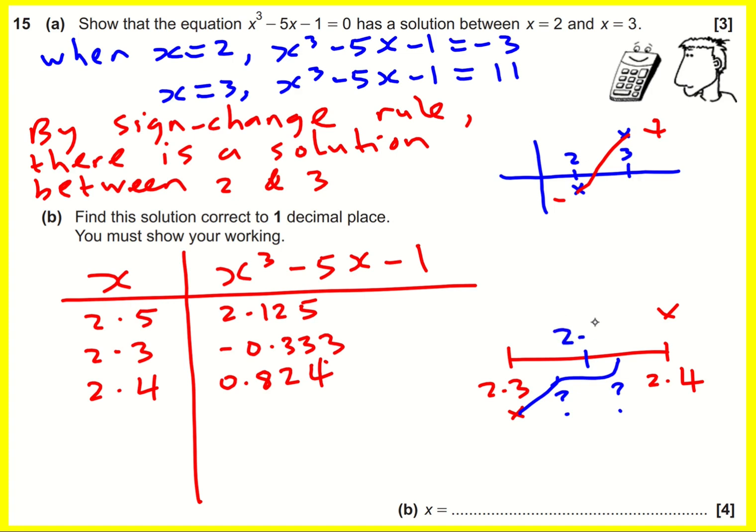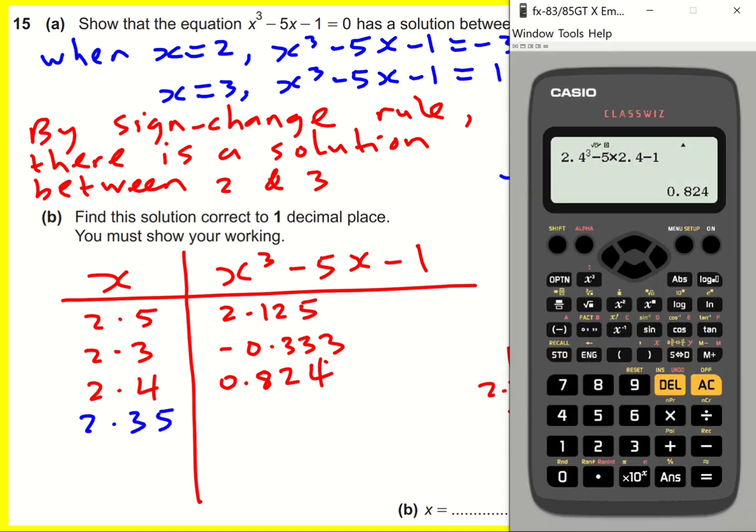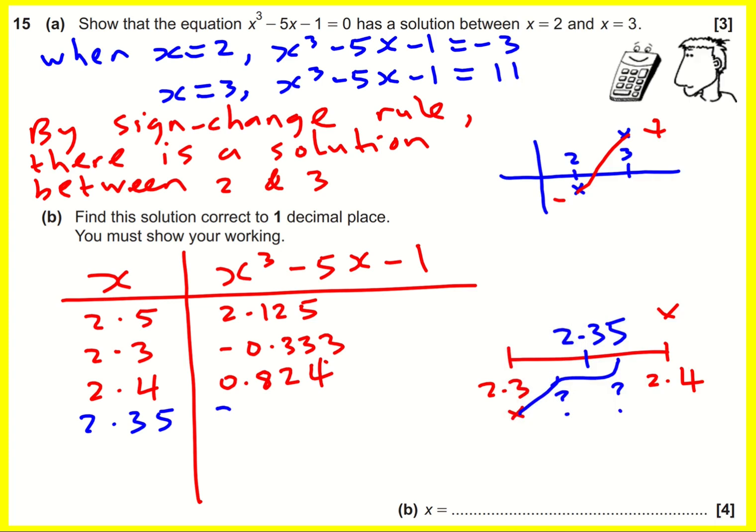So what we do is we look at the midpoint, 2.35, and then we can see if it's a sign change between 2.3 and 2.35, or between 2.35 and 2.4. It's got to be one of them. Okay, this is just the icing on the cake part, and we get 0.227.